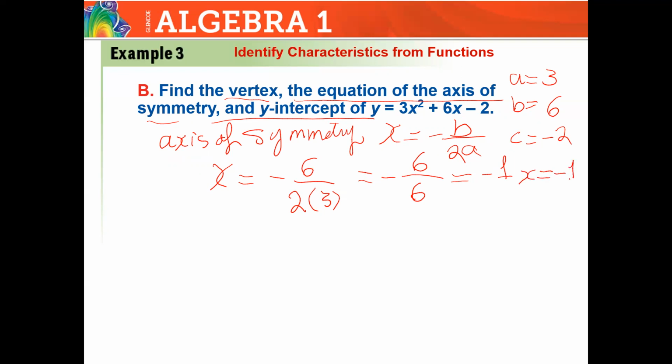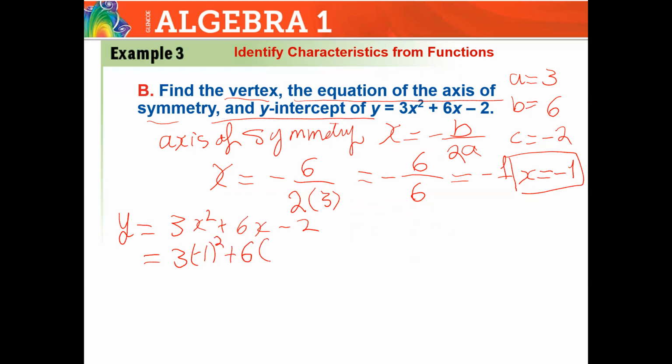And in the meantime, I'm going to use that in order to solve for y. Substituting in the equation 3x squared plus 6x minus 2, with x, so 3 times -1 squared plus 6 multiplied by -1 minus 2.